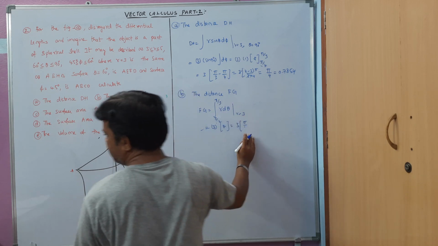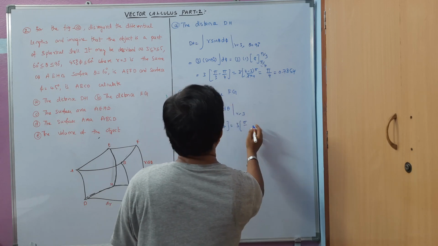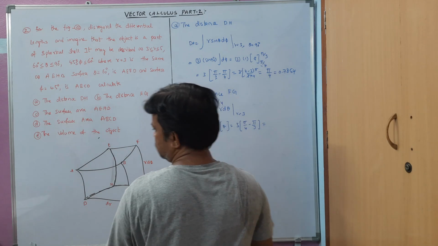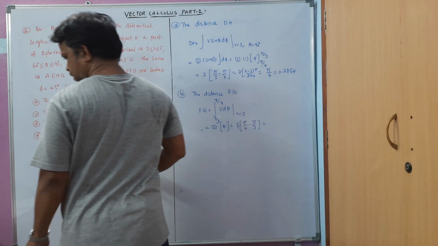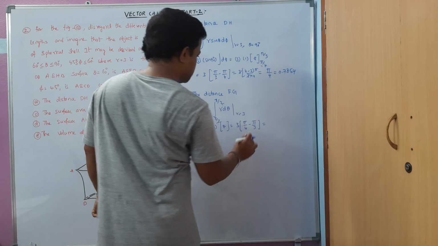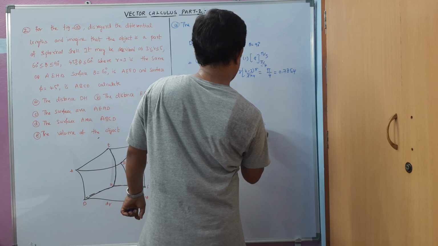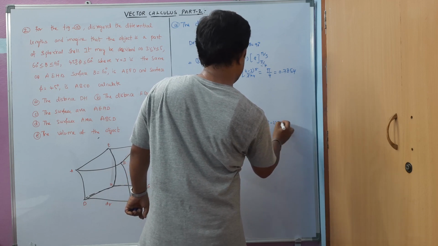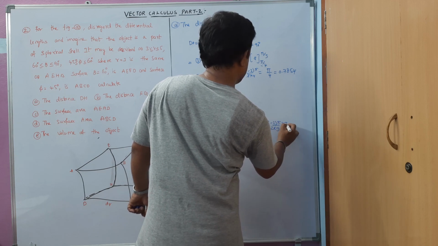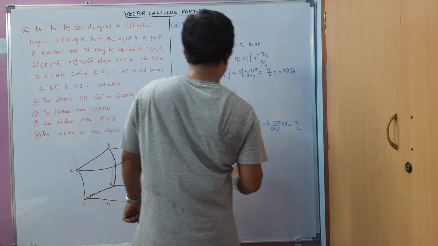So it is 3 into (pi by 2 minus pi by 3). It will give me pi by 6 times 3, so the 3 cancels, and the answer is pi by 2. So that is the answer for this one.